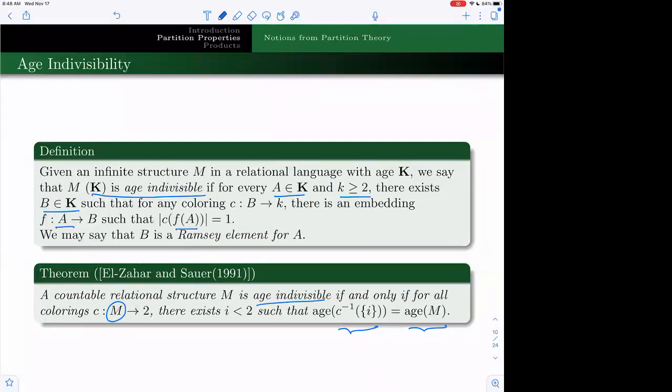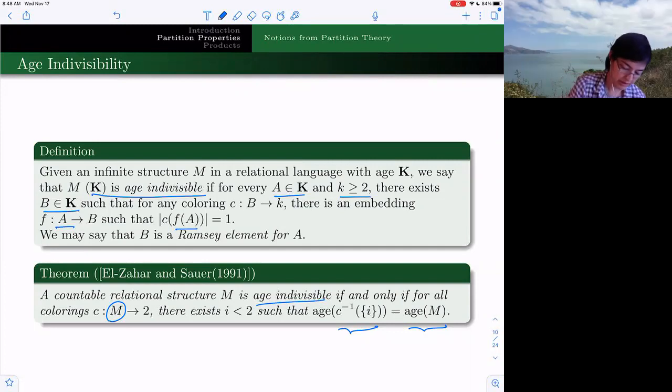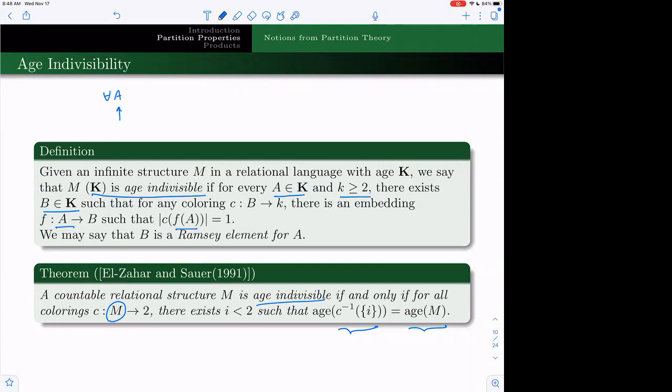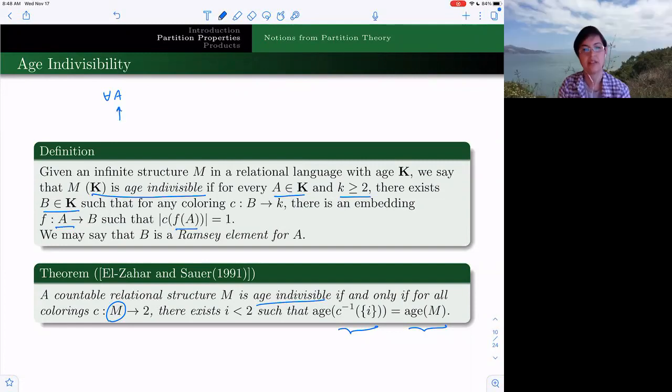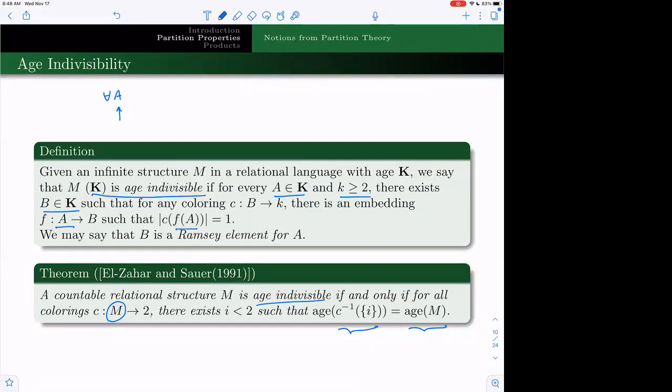What is the relation between this and Ramsey? Which is stronger? Well, the Ramsey property would be: for all A, for all K, for all B, for all A and B, there exists C such that... Yeah. But is there any implication between this and this?